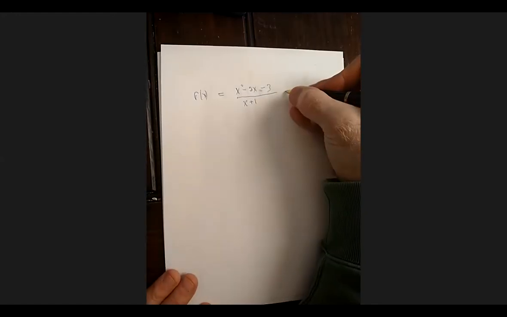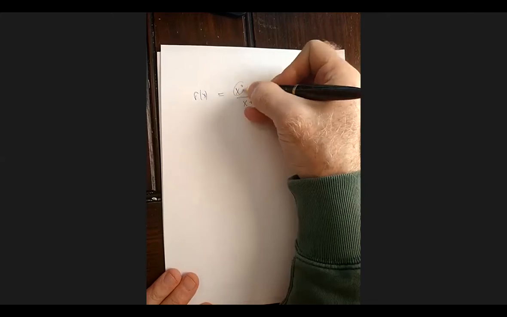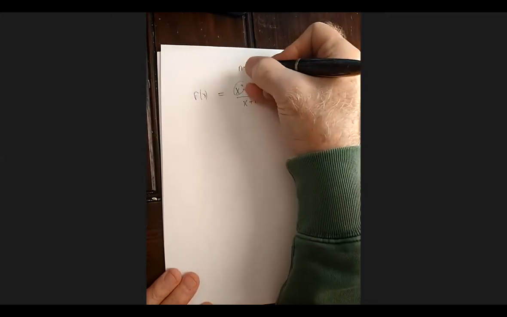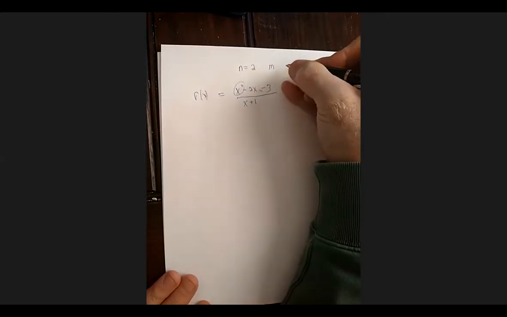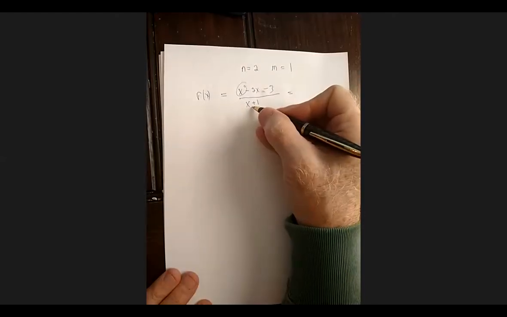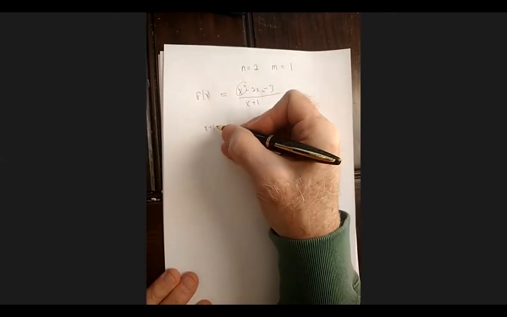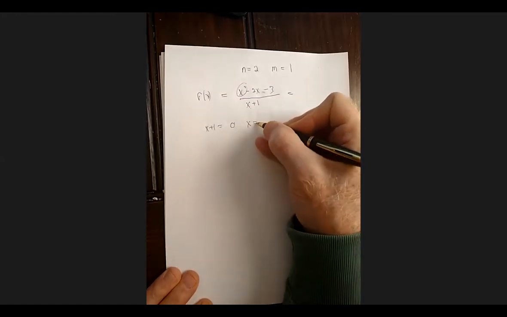Okay. So I look at this and I notice that I have a power of 2 on top, and then m is equal to 1, the exponent on the bottom. I also notice that x plus 1 equals 0, where x is equal to minus 1.